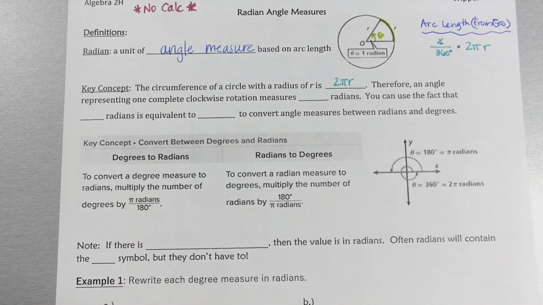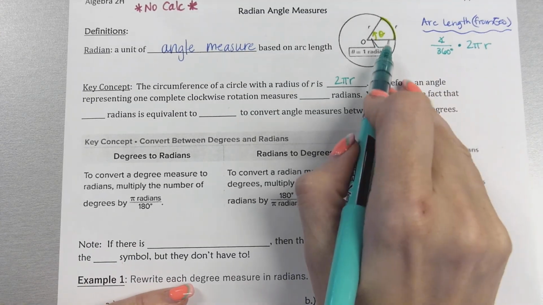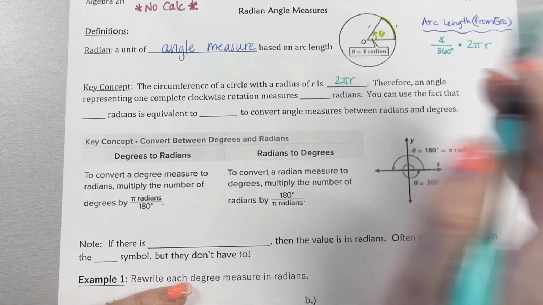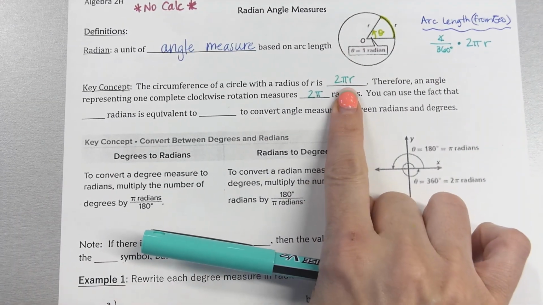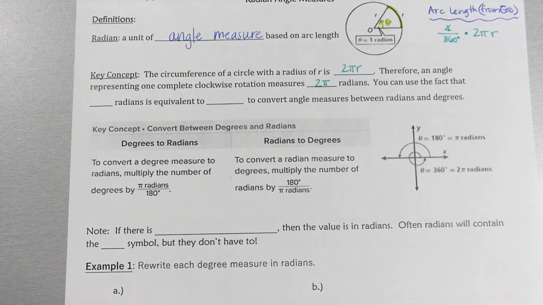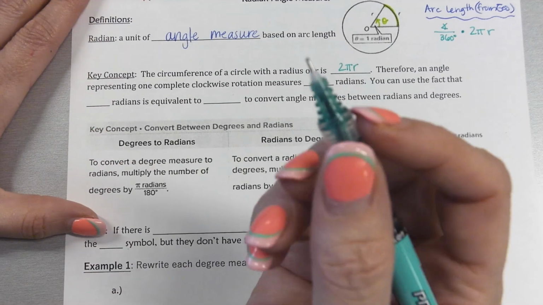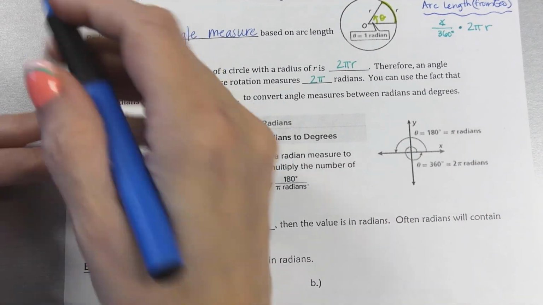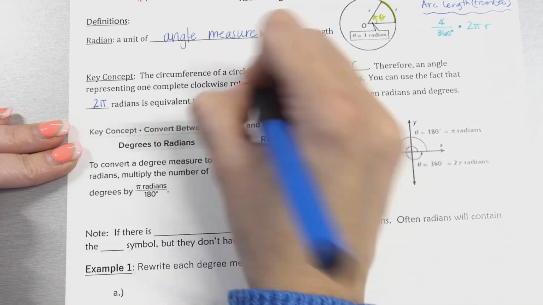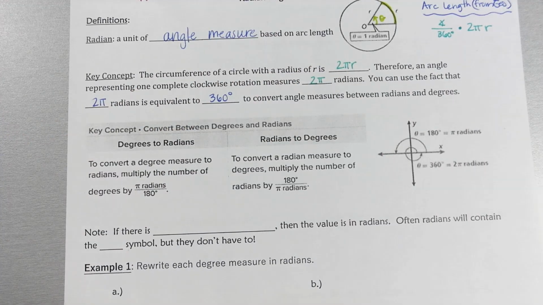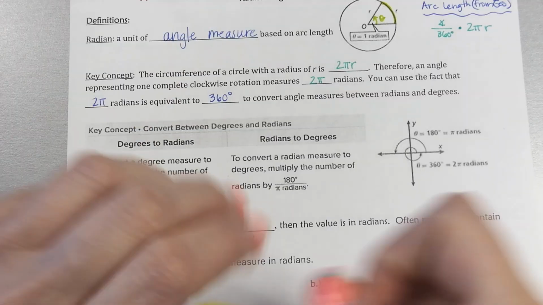So if you have an angle representing one full clockwise rotation, one full time around the circle, that is 2 pi radians. Like your r value is 1. And you can use the fact that 2 pi radians is equal to 360 degrees to convert angle measures between radians and degrees.